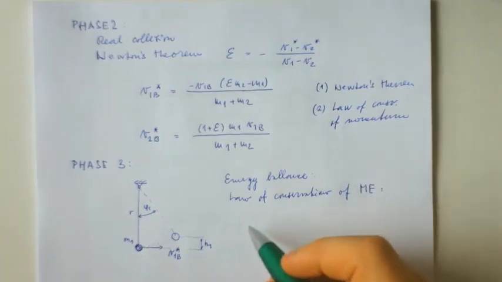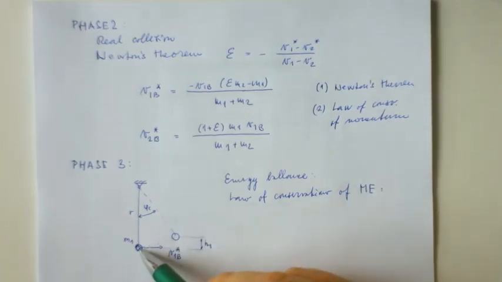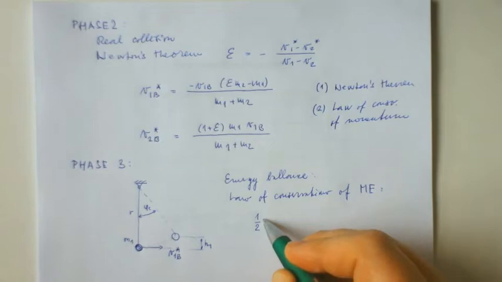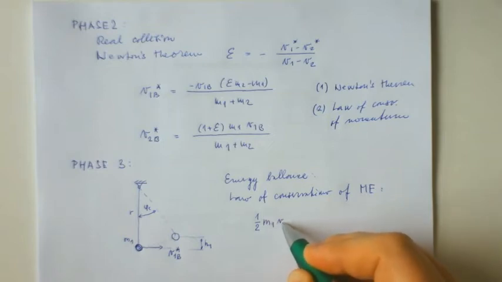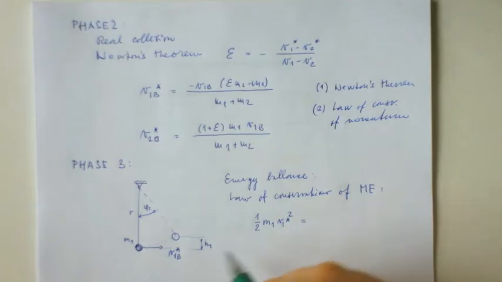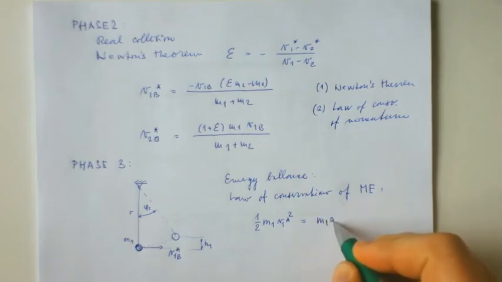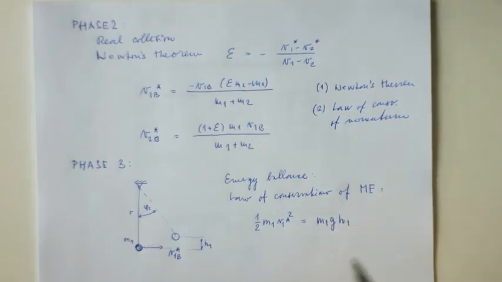So we say that the kinetic energy of the first particle with velocity after collision will change all to the potential energy of particle 1.